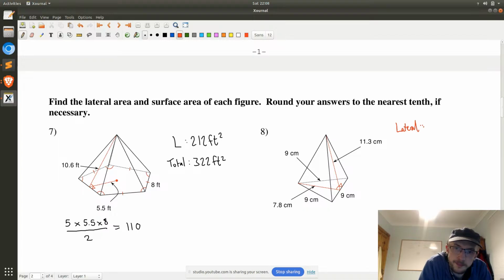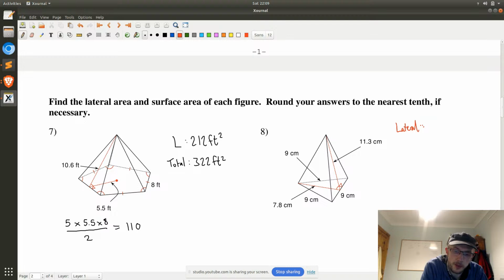Okay, so 9 times 11.3, 101.7, and that has to be then divided by 2 and multiplied by 3. Oh, that was it. Okay, so I'm going to multiply by 3 first.